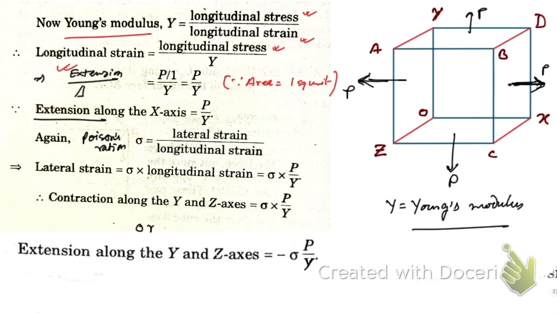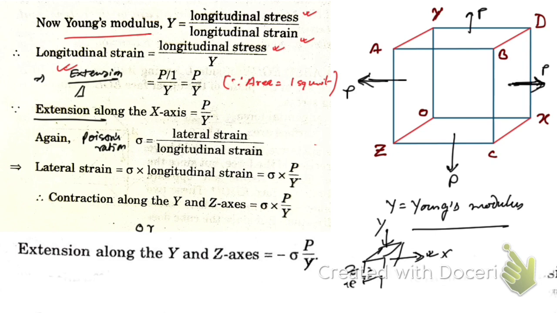Right. So now suppose you have a cube. If you pull it from this side, obviously due to the effect of this force there will be contraction from the other 2 sides, right? If you pull it along x direction, there will be contraction in y and z direction, right?